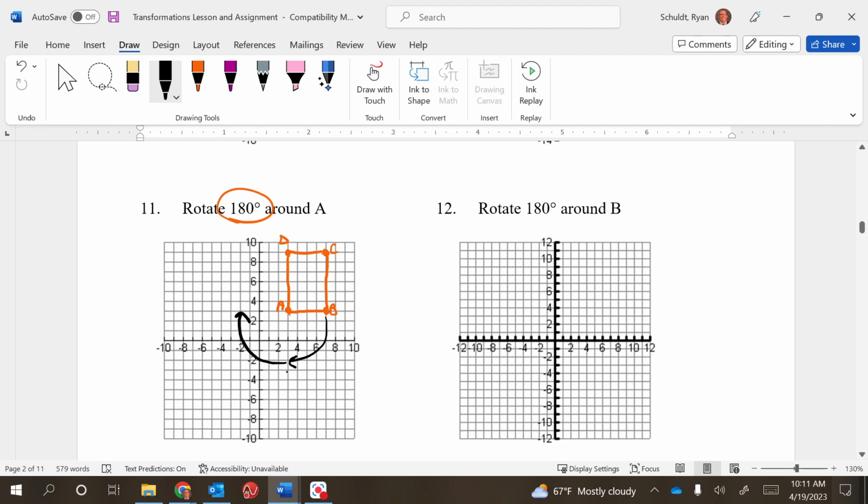We're going to say it's clockwise, because even if it were counterclockwise, it would be the same result. So A is going to stay in place.